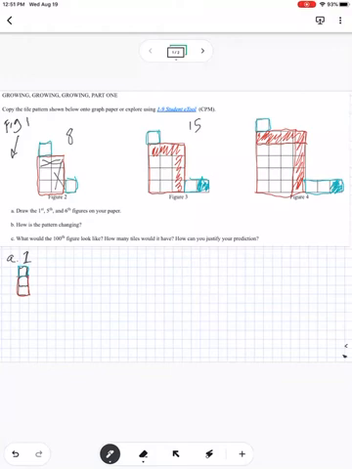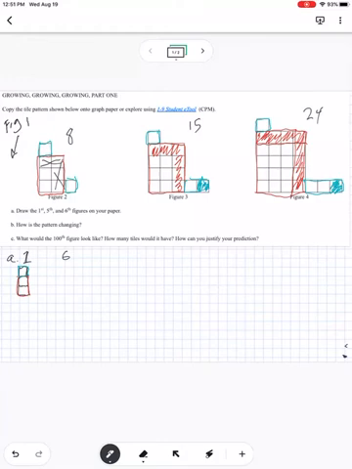And here we had 1, 2, 3, 4 by 5 is 20. So, all right, that was figure 1.